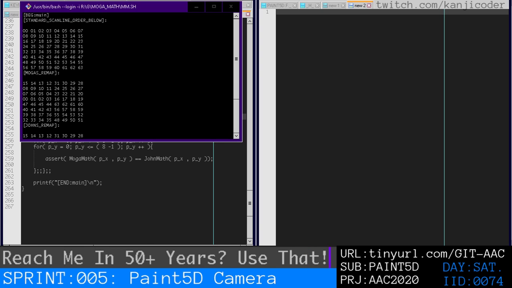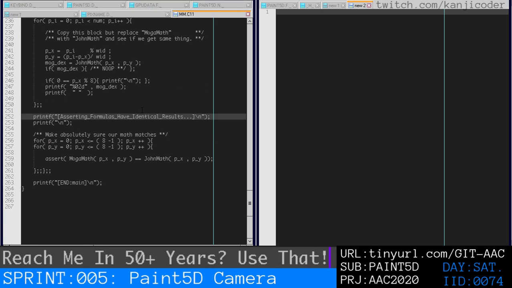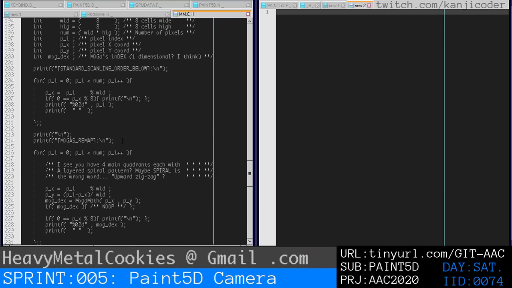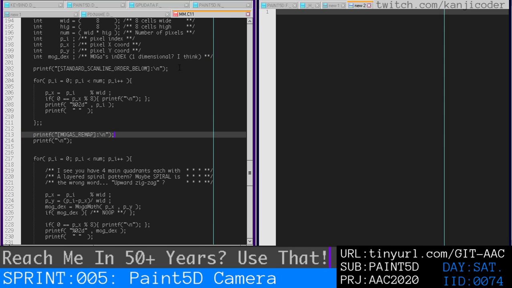So, our new lines should probably be in the opposite order. Let's take where it says Moga's remap, let's put the printf new line down there.